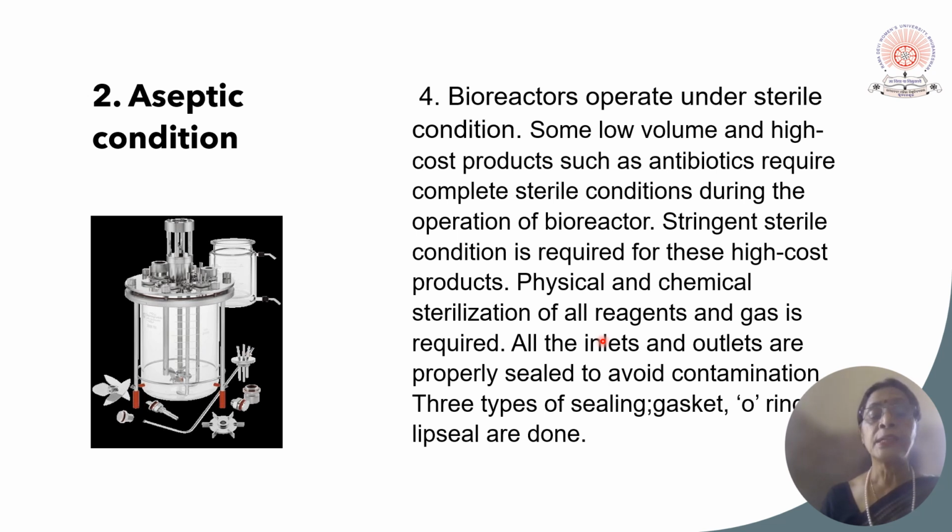Proper sterilization is done before fermentation and after the fermentation also. The inlets and outlets which are at different places of the fermenter are properly sealed to avoid contamination. So different types of sealing are used, like O-ring sealing, gasket sealing or leaf sealing.